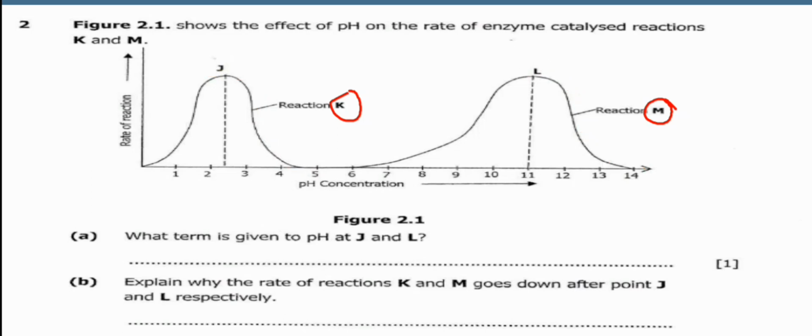So we can say this is because beyond J and L, an enzyme is going to undergo denaturation. That is what is happening here. So we are just going to say because beyond J and L, enzymes are undergoing denaturation. So that's the answer.